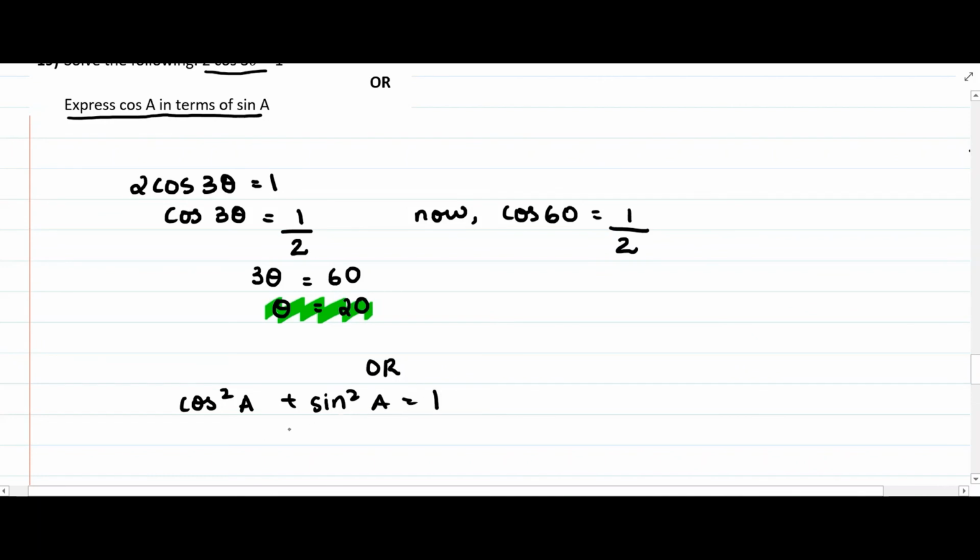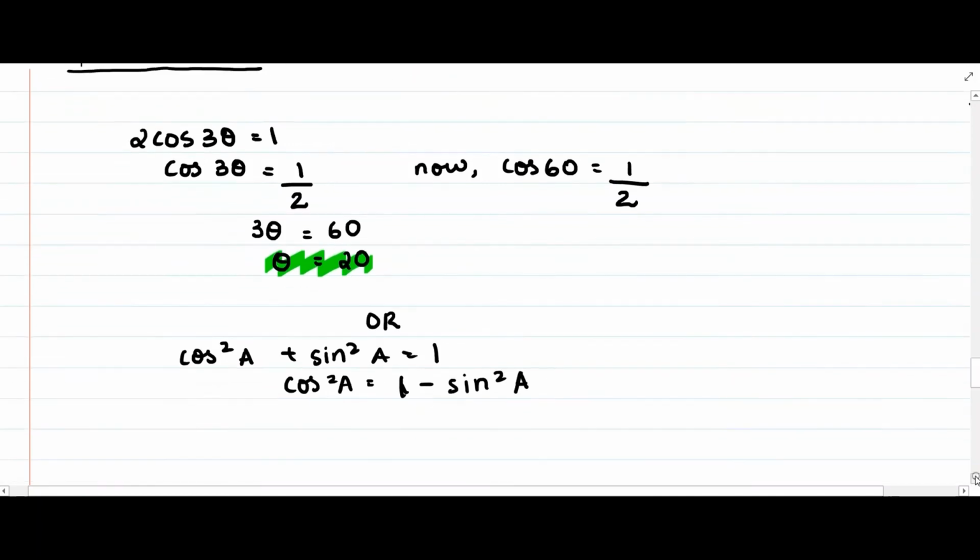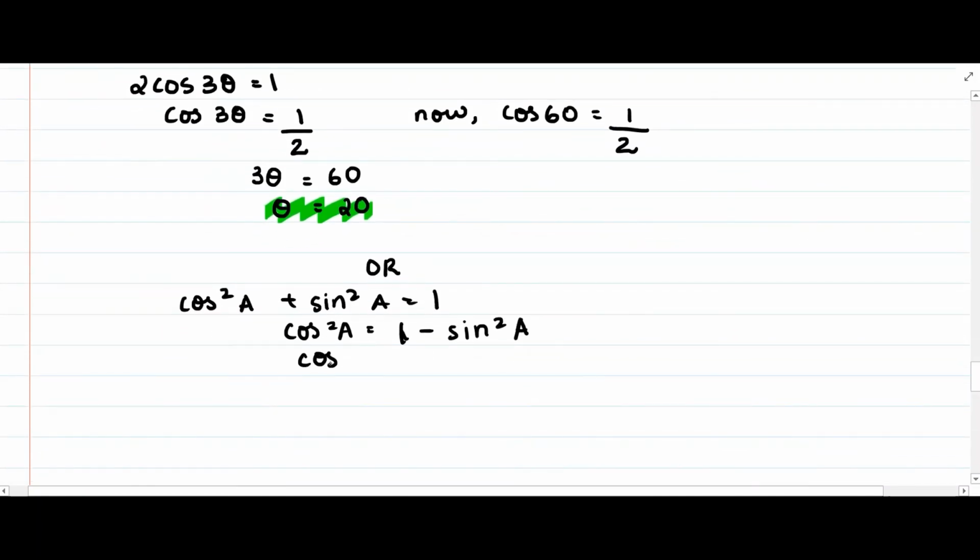So we are taking the sin square A to the RHS now, which is cos square A will be equal to 1 minus sin square A. So taking the square root to the RHS, we get cos A equal to square root of 1 minus sin square A. So that's the answer. We have cos A in terms of sin A. Now we'll move to the next question.